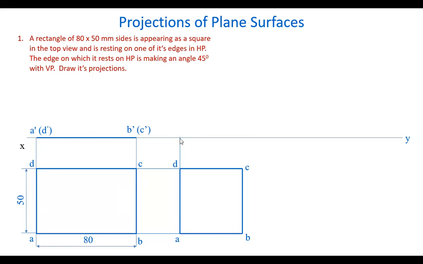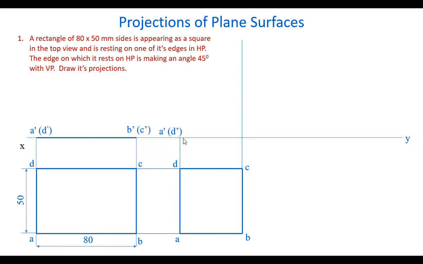That means the AD edge will be in the horizontal plane like this, AD. And the BC edge is lifted up, above. The length of the front view won't change, but it is at an angle. At which angle? At a particular angle, we are able to see this as a square.